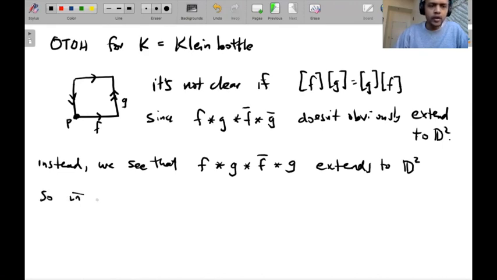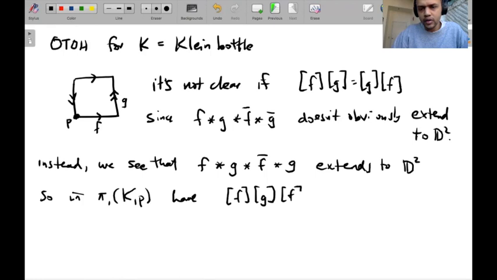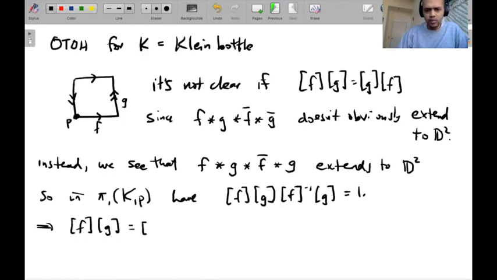So in the fundamental group of the Klein bottle, we have this relation, that F, G, F inverse, G is the identity, which implies that FG is G inverse F. Okay, so that's not quite saying that F and G commute.